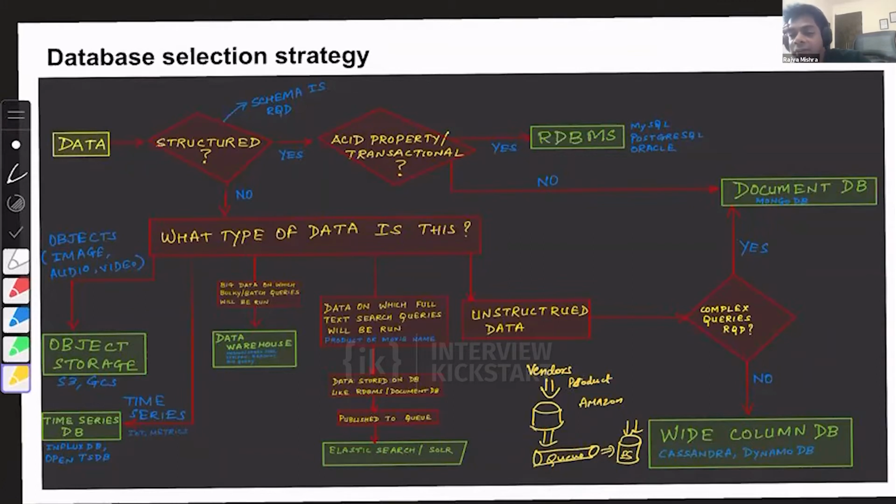Of course, if someone is going for that kind of team and has a lot of experience with graph databases, then it could be a nice topic to be discussed. But for a practical interview scenario, graph database is a very niche topic.